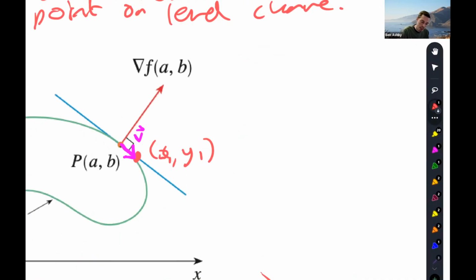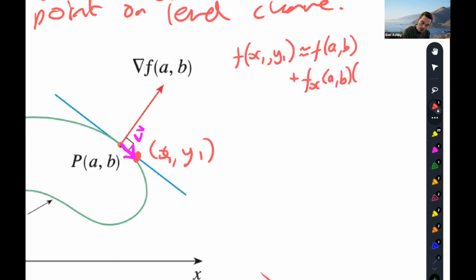So if we think about our linear approximation, our function value at (x1, y1) is going to be approximately equal to our function value at (a, b) plus the derivative in the x direction times (x1 minus a) plus the derivative in the y direction times (y1 minus b).